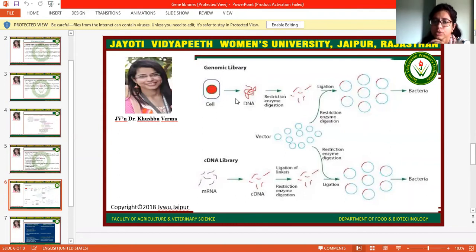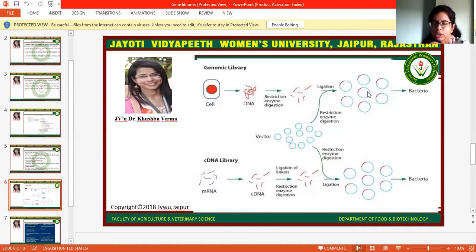First of all, we isolate the DNA, then digest it with restriction enzymes, and we get small fragments of DNA. Now we select the gene of interest and ligate it with the vector using restriction enzyme and DNA ligase enzyme. After all the process, we get the recombinant vectors. Then we transform them into bacterial cells.